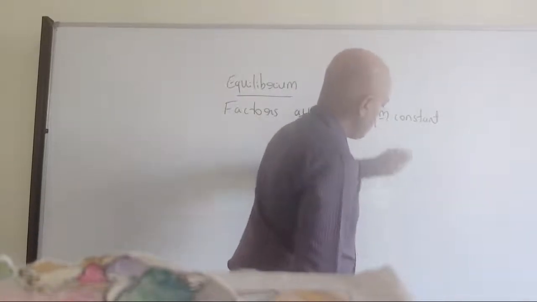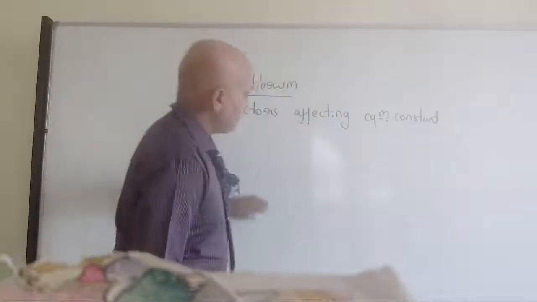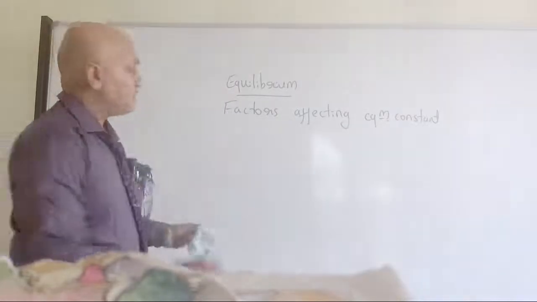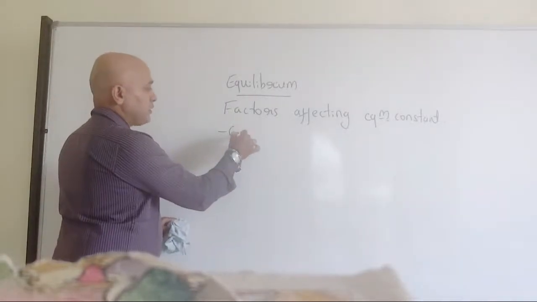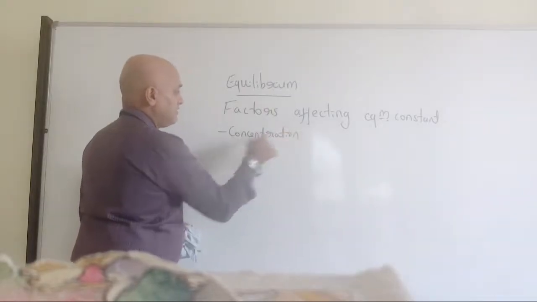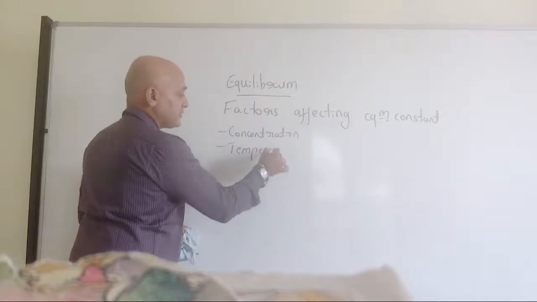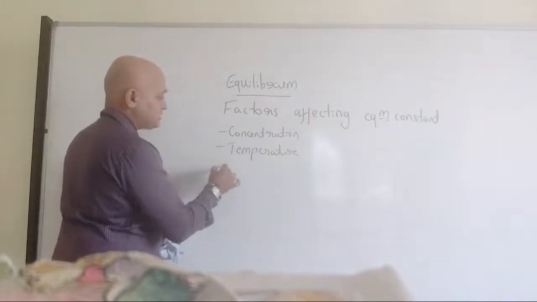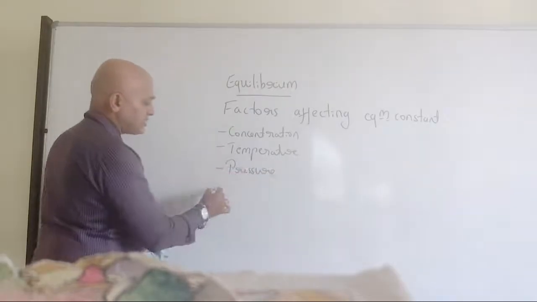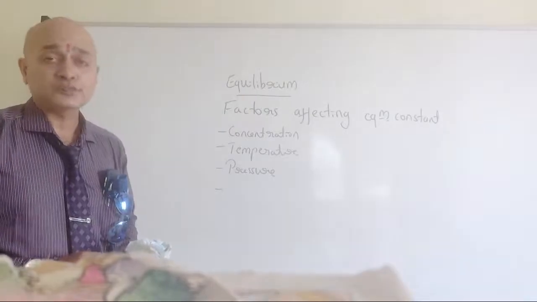Okay. So what have we discussed? We have discussed the factors which will impact the chemical equilibrium. Which are those factors? We have discussed concentration, right? Then we have discussed temperature. Then we have discussed the impact of pressure. Naturally, pressure is applicable especially when we are dealing with gaseous molecules.